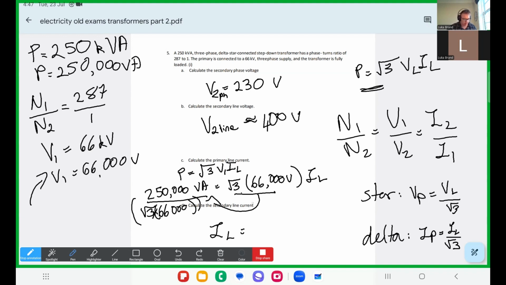Now I've multiplied that out and divided it, and I get an IL, or primary line current, of 2.19 amps. All right, we're nearly there. Just again, making space.